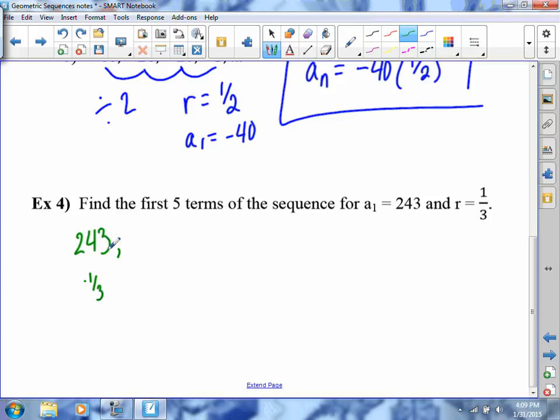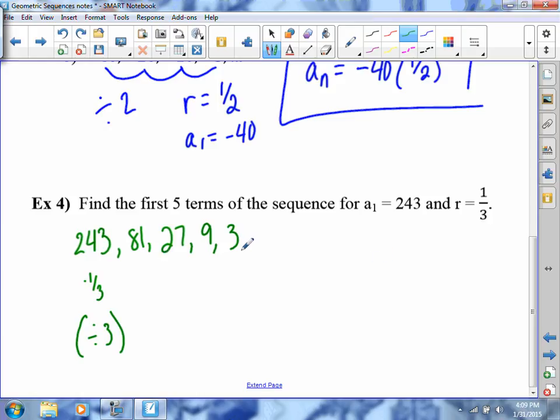So 243 times 1/3, or dividing by 3, is going to be 81. And then you times by 1/3, or divide by 3, and you get 27. And then you get 9, and then you get 3. So there's your first 5 terms.